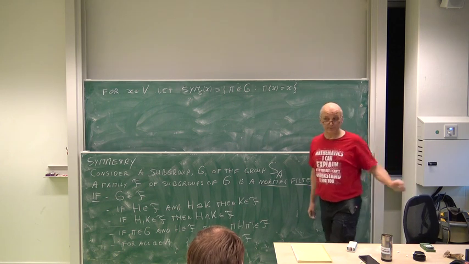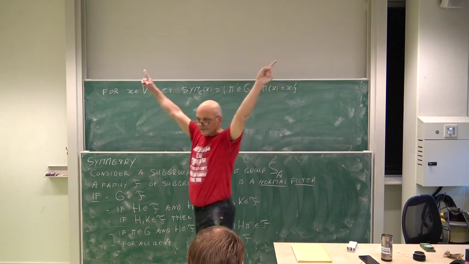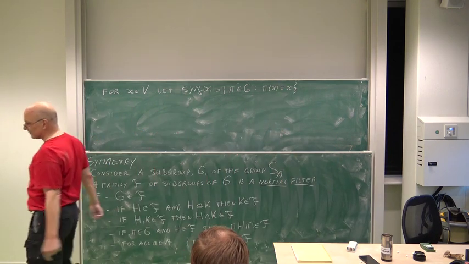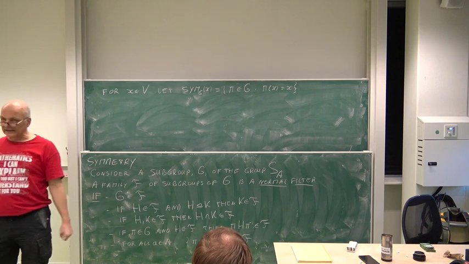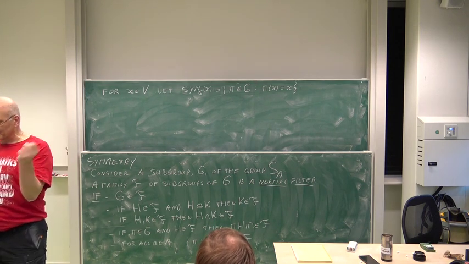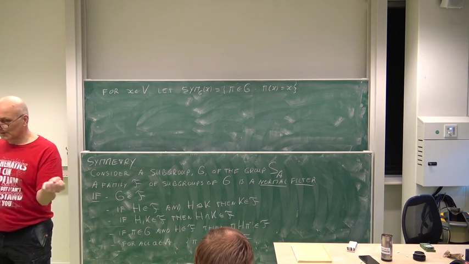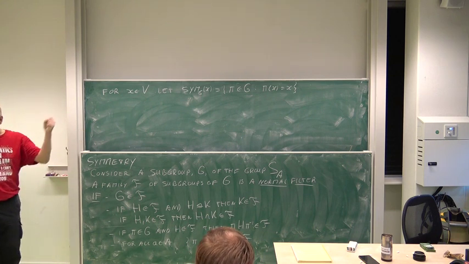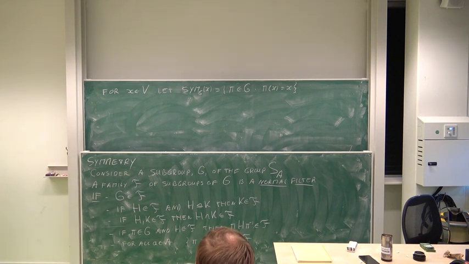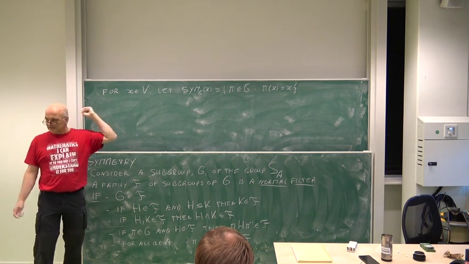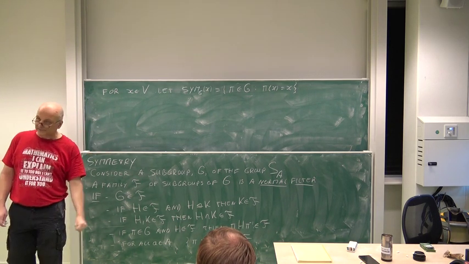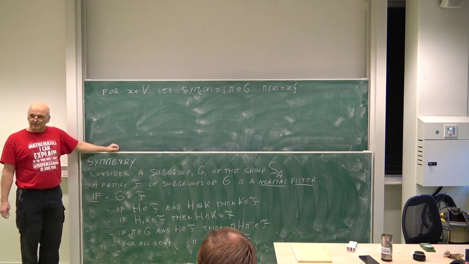The symmetry group of some member of our universe, that's all the permutations pi that leave that thing invariant. Just like in geometry, crystallography or whatever you want to talk about, the group of transformations that leave the thing invariant, that's the symmetry group.